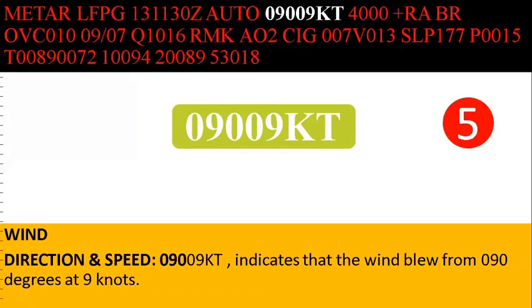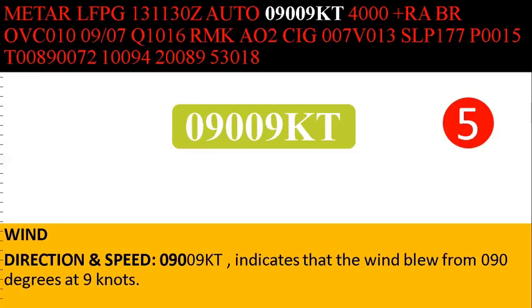Knots, KT, is the unit used for reporting wind speed in aviation messages. Values of wind direction less than 100 degrees shall be preceded by 0 and a wind from true north shall be reported as 360. Values of wind speed less than 10 units shall be preceded by 0.